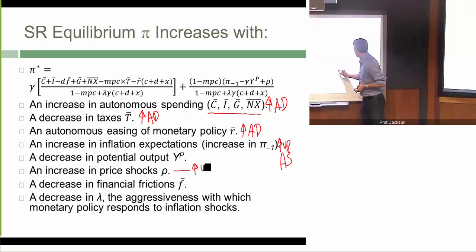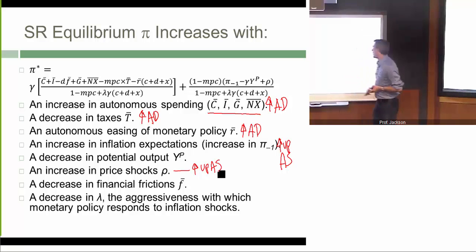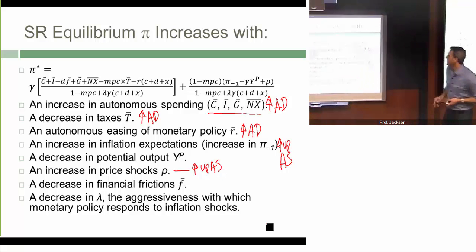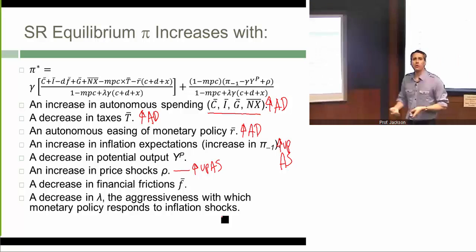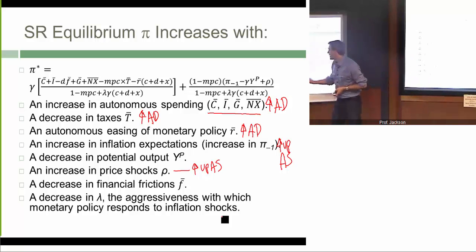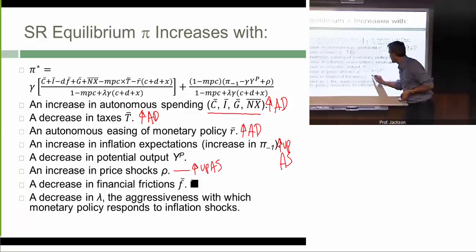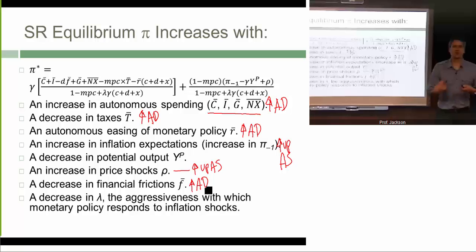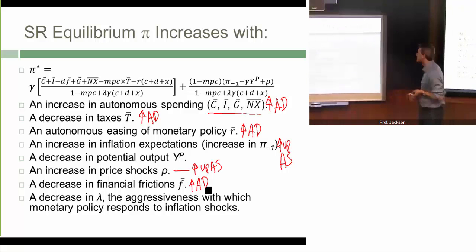That's going to shift up our aggregate supply curve. So if we get an adverse price shock, so when rho is positive, at any given level of output, inflation is going to rise as a result, so that aggregate supply curve shifts upward. A decrease in financial frictions is going to result in an increase in aggregate demand, which again in the short run means inflation is going to rise.